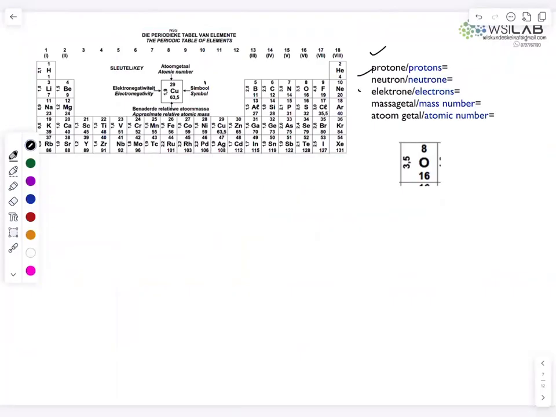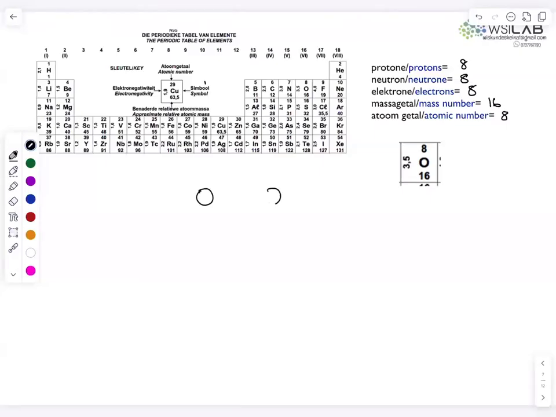How many protons, neutrons, electrons, etc.? So 8 protons, 8 electrons, 8 neutrons, and then 16 mass number and 8 atomic number. Okay, so you get oxygen.